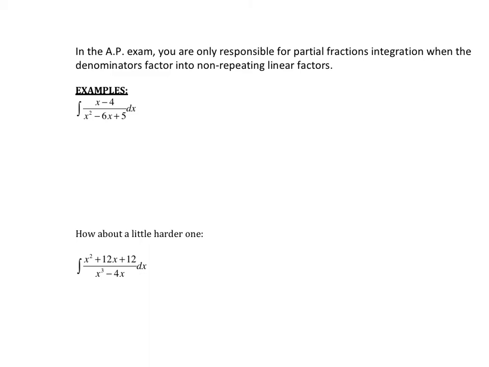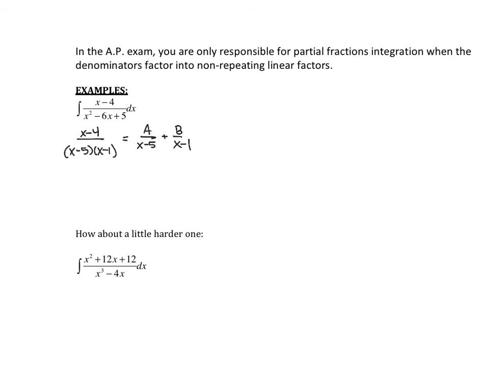Let's try this. I know factoring this denominator is the first step. In factoring this denominator, I would have x minus 4 over x minus 5 times x minus 1, which means that this fraction could be rewritten as a over x minus 5 plus b over x minus 1.